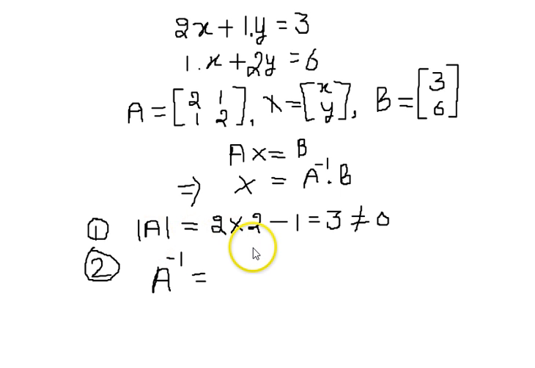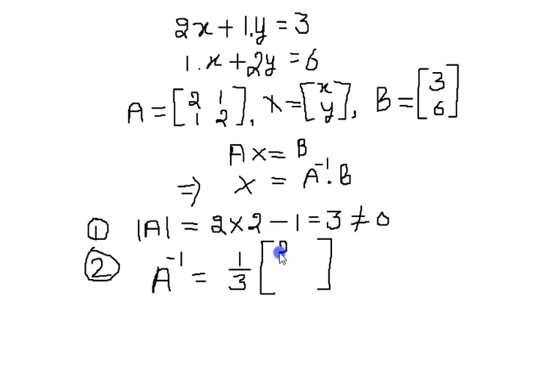Whatever is the determinant of A, I am going to write it in the division. So determinant of A was 3, so I will write it as 1 over 3. Then this matrix is 2 by 2, so we have done in the previous classes the short trick to find A inverse. We are going to interchange elements of the principal diagonal.